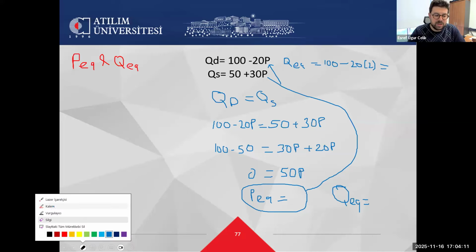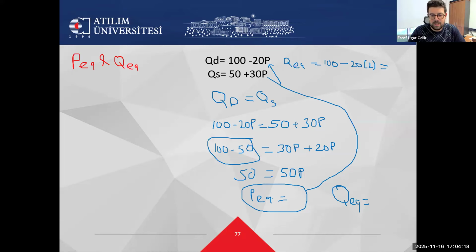I'm really sorry about it. 100 minus 50 means 50. Sorry about it. So the price of equilibrium is 1. When we put 1 into that part, this time this is 80.